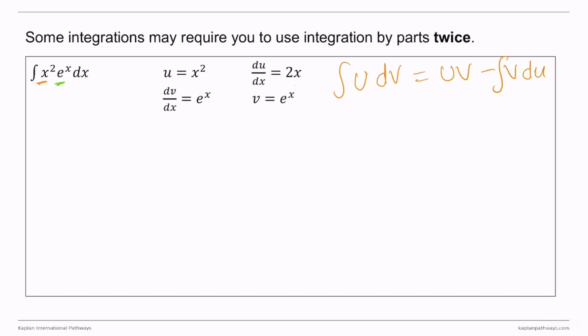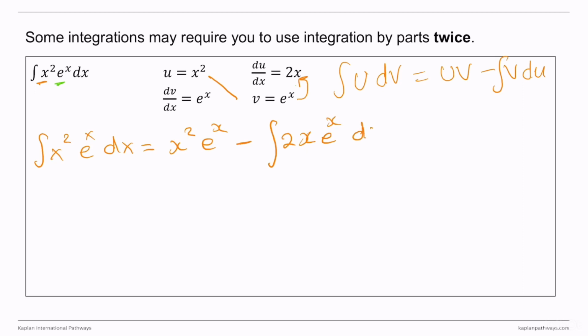So the integration of x squared e to the power x dx equals, what's the uv? This times this, which is x squared e to the power x, minus the integration of v du, which is e to the power x times 2x, that is, 2x e to the power x dx.